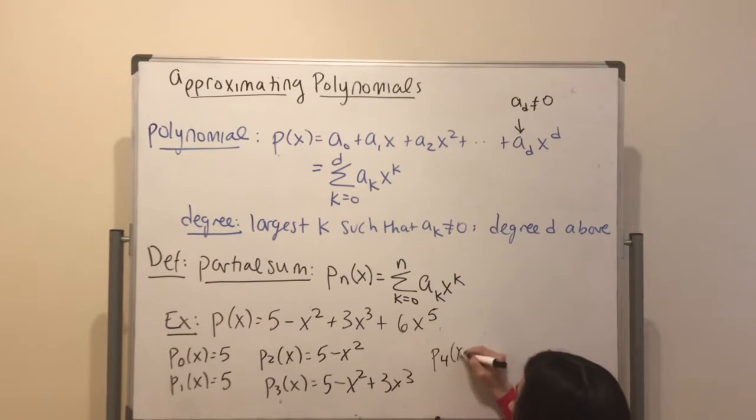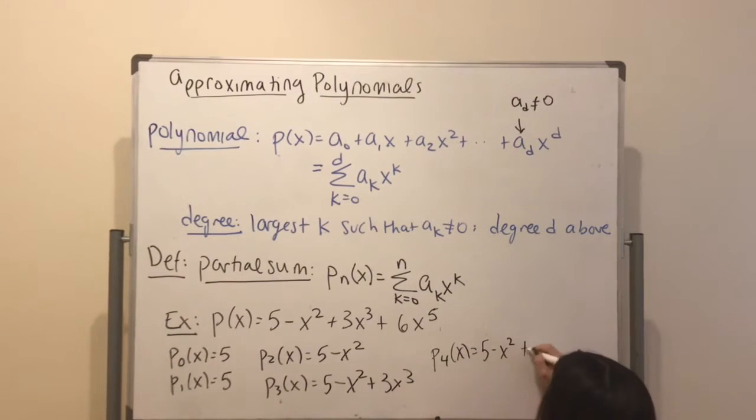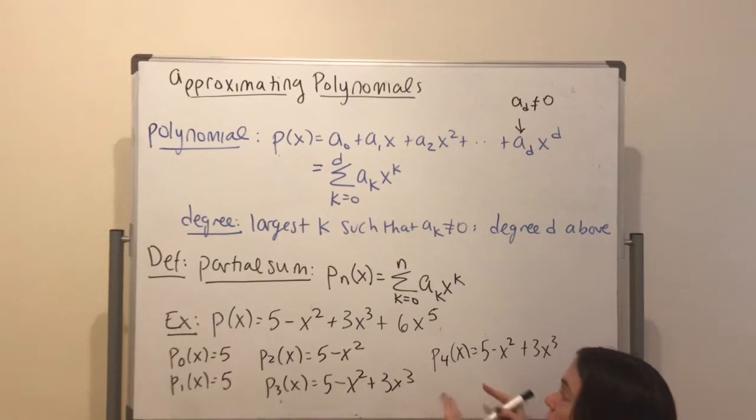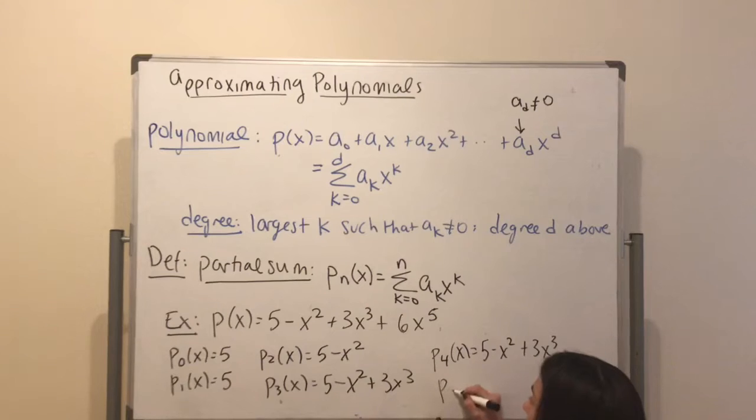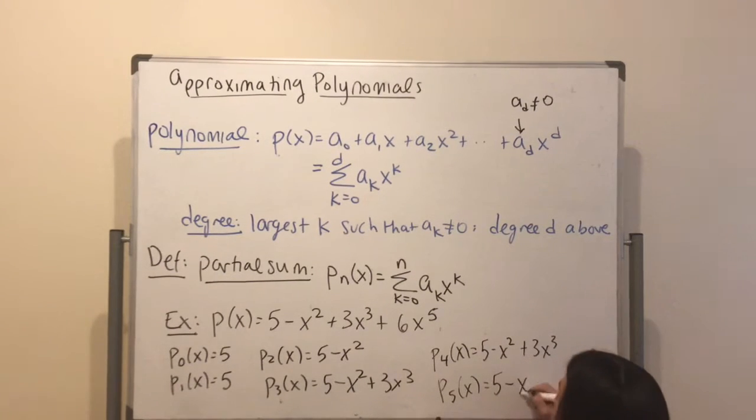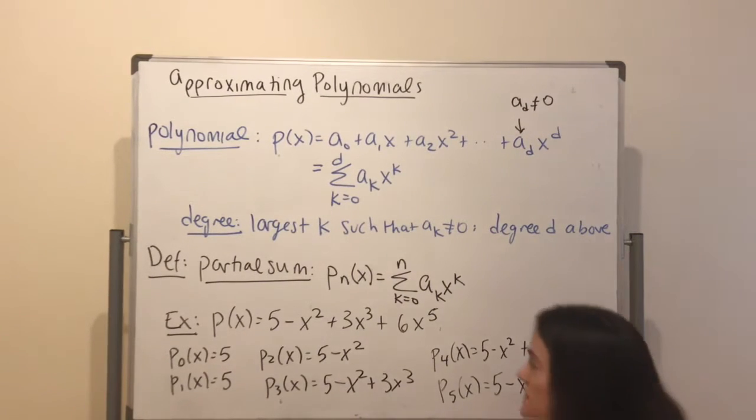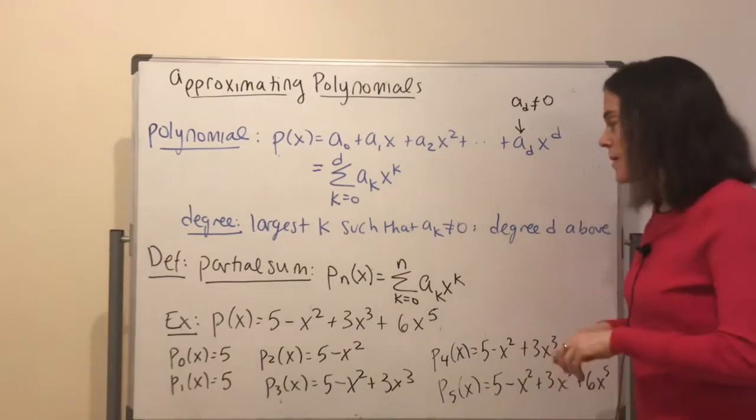p4 of x is the same thing as p3, 5 minus x squared plus 3x cubed. This is the fourth. Oh, I should put that in the definition, I will. And then p5 of x is the entire polynomial. And if I wanted a p6, p7, p8, those partial sums, it would also be the entire polynomial.